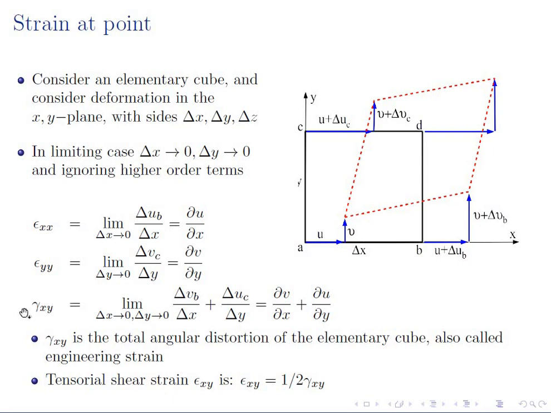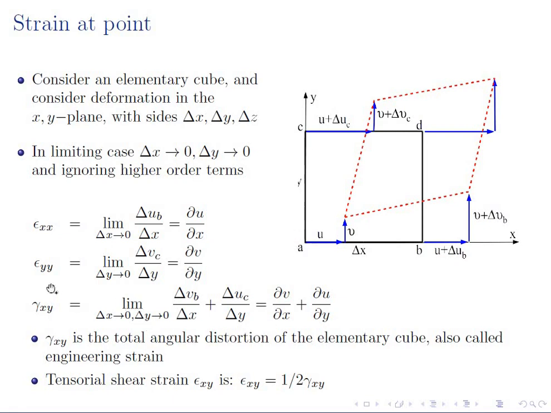And the shearing strain gamma xy is nothing but equal to the change in y direction with respect to the segment along the x-axis plus the change in the x direction with respect to the y length.